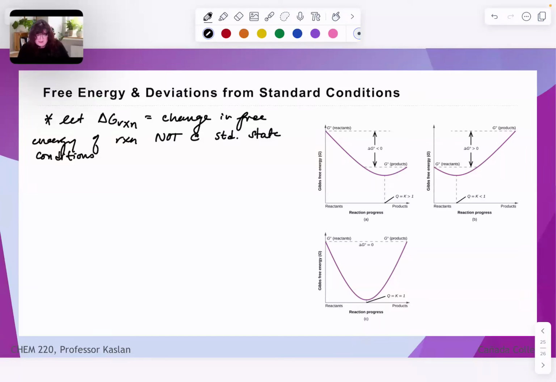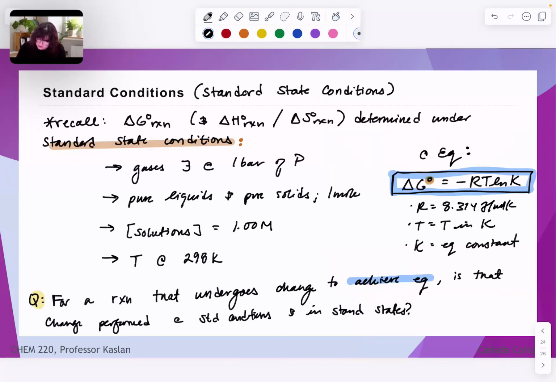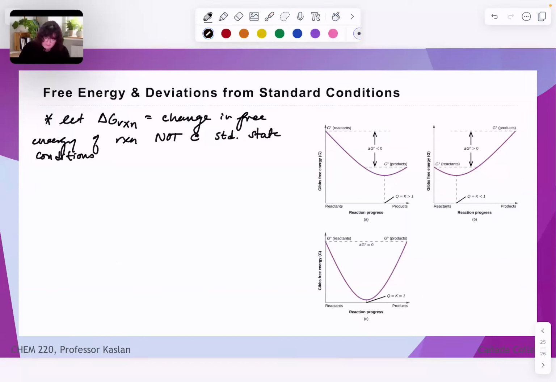So let's think about how we might express this. We saw that there was this exponential relationship between change in Gibbs free energy and a system at equilibrium, its equilibrium constant. How would that be affected if we were not at standard state? So instead of relating to our equilibrium constant K, we are going to relate the Gibbs free energy to Q, the reaction quotient. So we have this equation here, delta G reaction.